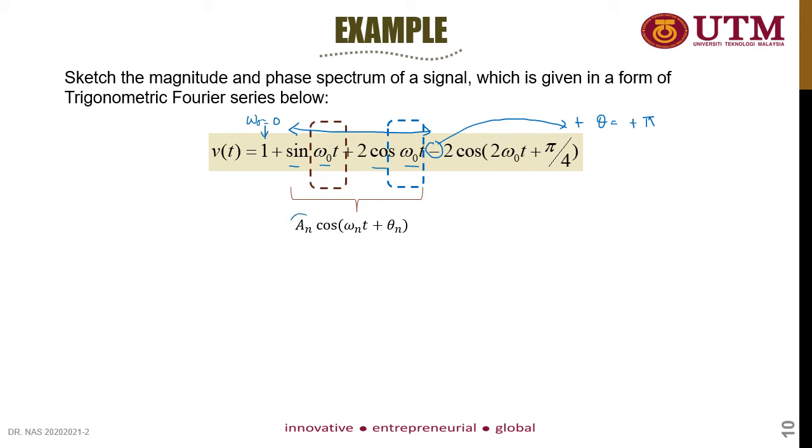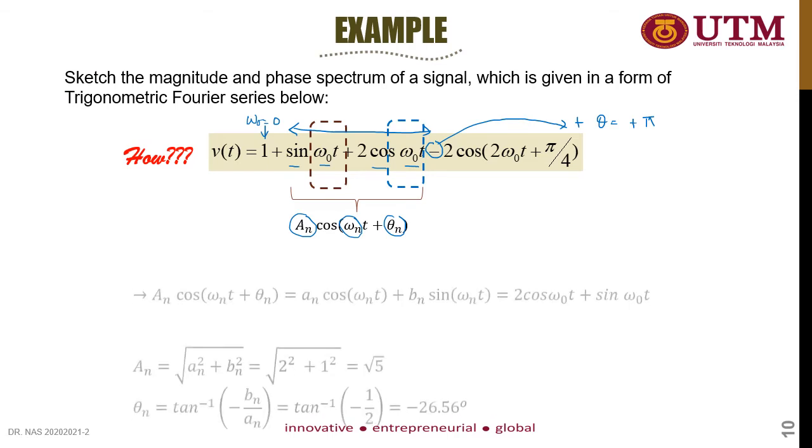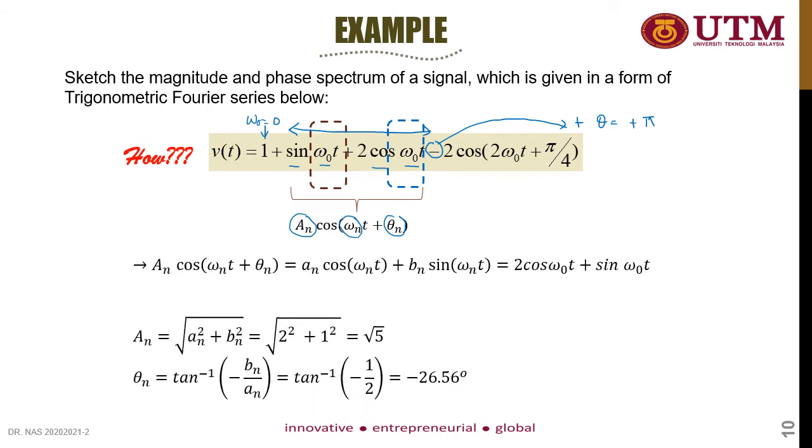You need to determine what is the An, omega n, and also theta n. The general equation, the equivalent equation, is equal to An, where an is the coefficient for the cos function and bn for the sine function.